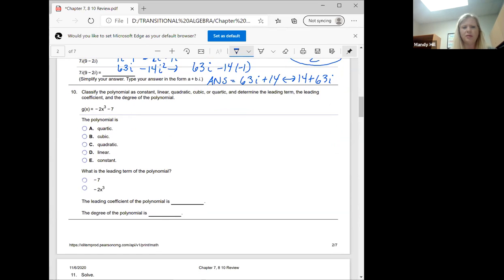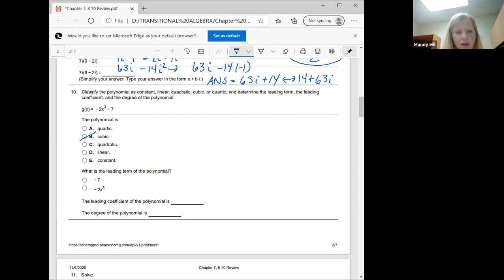Classify the polynomial as constant, linear, quadratic, cubic, quartic, and determine the leading term, the leading coefficient, and the degree of the polynomial. Okay, so this one's already in order. The x to the 3rd is in the front. If it's to the 3rd, we know that it is cubic.